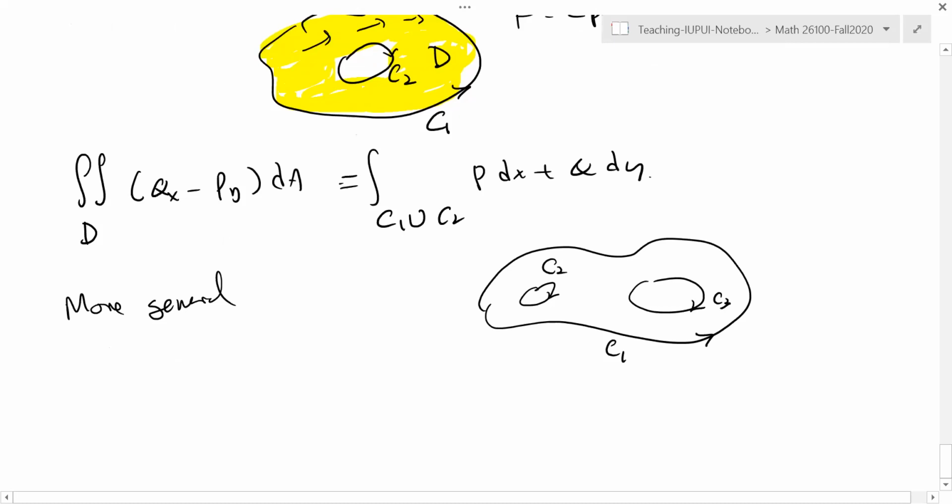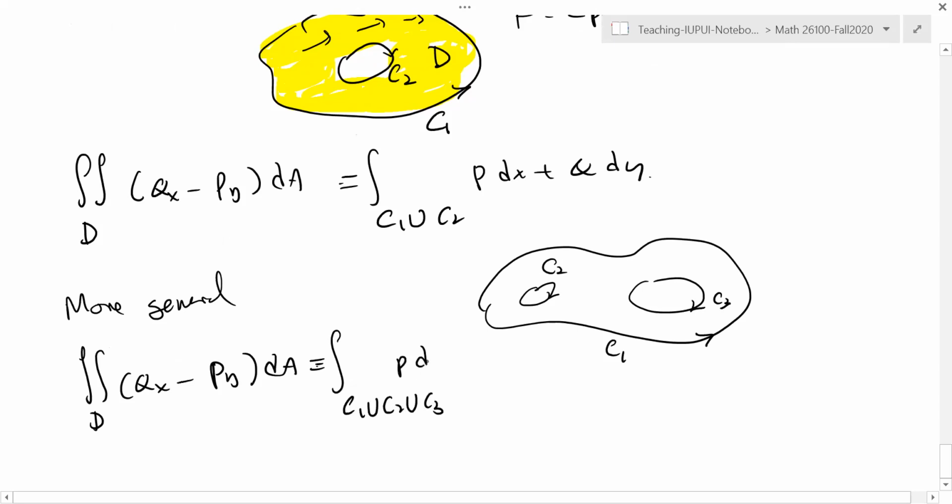All right, so the boundary still consists of closed curves with orientation. Then we have the following theorem again: the line integral over the union of the three curves of P dx plus Q dy.